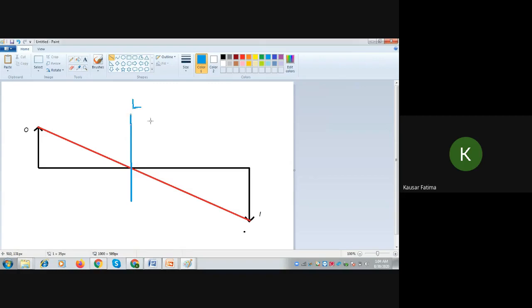Now how will you get the position of the focal point? Because we know this point, we can obtain the position of the focal point easily.